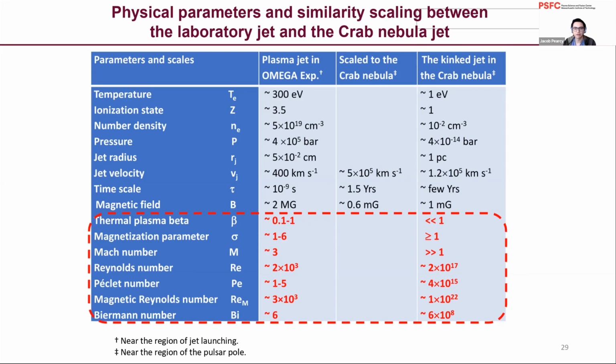So the similarity scaling between the lab jet and the Crab Nebula jet, where we can see that the temperatures, the density, and the radius are quite different, along with the time scales and the magnetic field, but that these dimensionless parameters here are large in both the Omega experiment as well as in the astrophysical environment, which allows us to use that scale invariance of the MHD fluid equations that we talked about before.